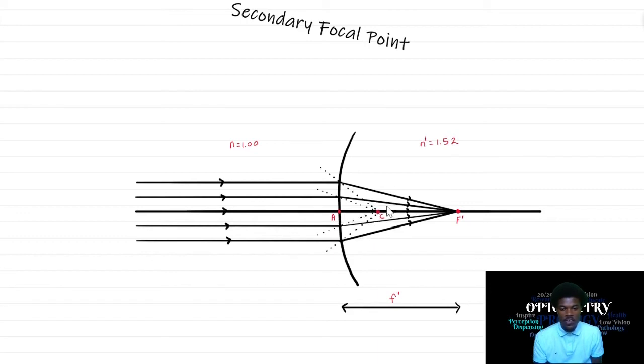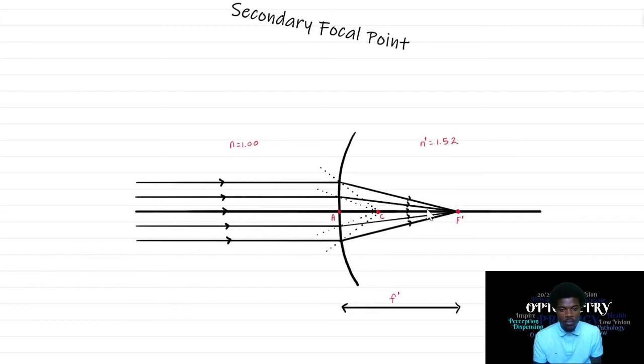We have the center of curvature of the surface, and these dots you see running here are normals. So at this spot we have a normal, at this spot here we have a normal. Each spot that you can find on this curvature will have a normal.